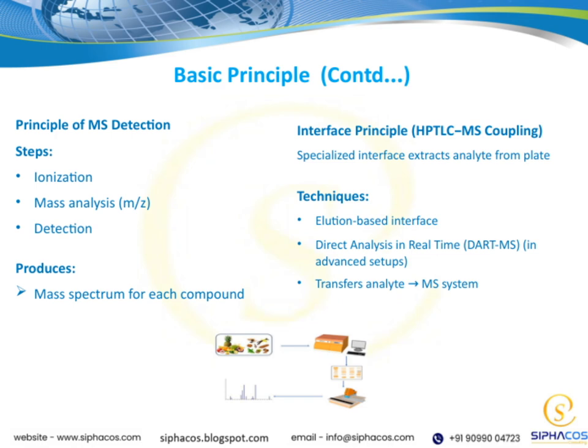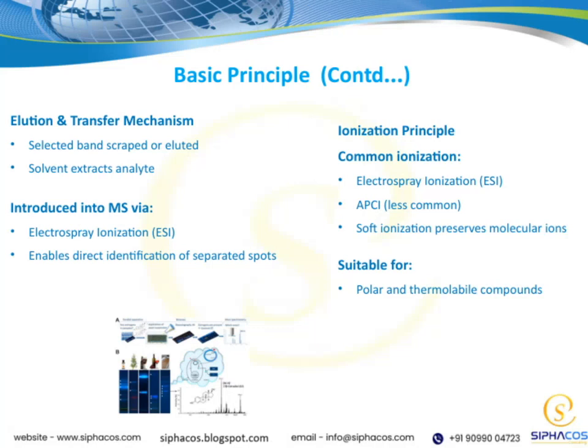This spectrum is a kind of molecular fingerprint, which we can use to identify and quantify the substances present in our sample. In essence, this interface and detection method are fundamental to obtaining accurate, detailed chemical information from our HPTLC plates.